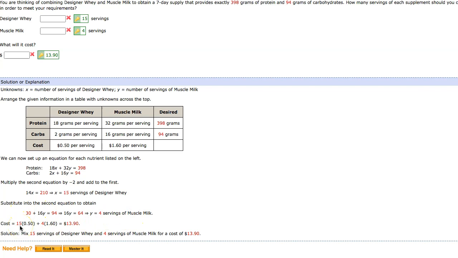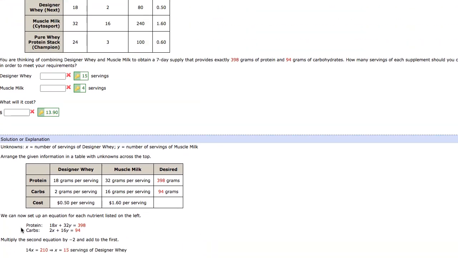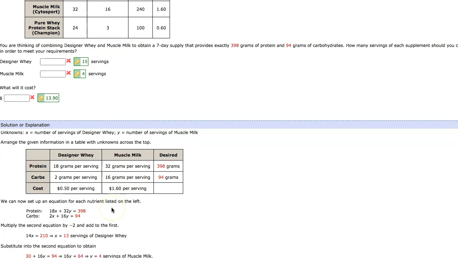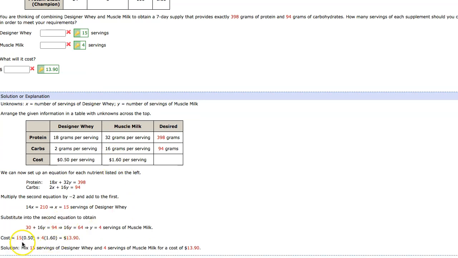Now the designer whey wasn't that expensive; it was the 50-cent one right here, and the muscle milk's expensive because it's already prepared for you. It's already beefed up. So 15 times 0.50 plus 4 times the more expensive $1.60 for the muscle milk. So we'll get $13.90. That'll be the cost.